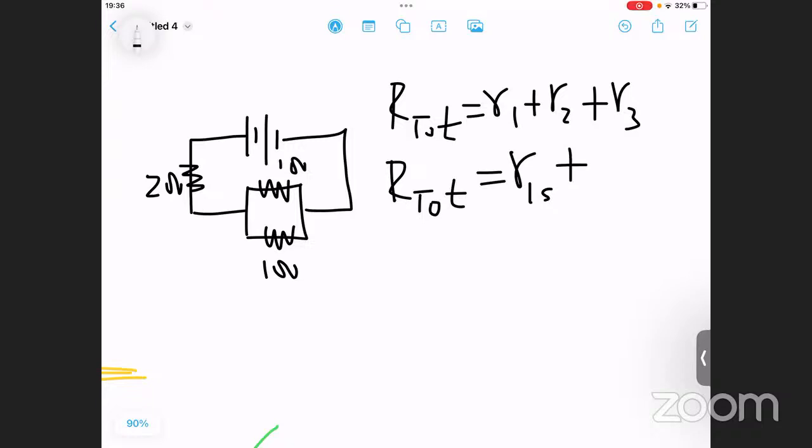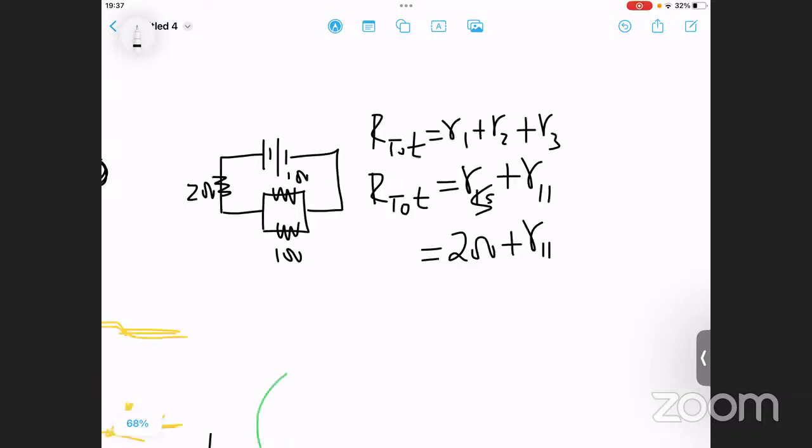We will have to add to it, not necessarily R2, but R parallel. I'm simply saying we have R in series, we also have R in parallel. For R in series, you can substitute it into the formula. Plus, for R parallel, you have to do a separate calculation.